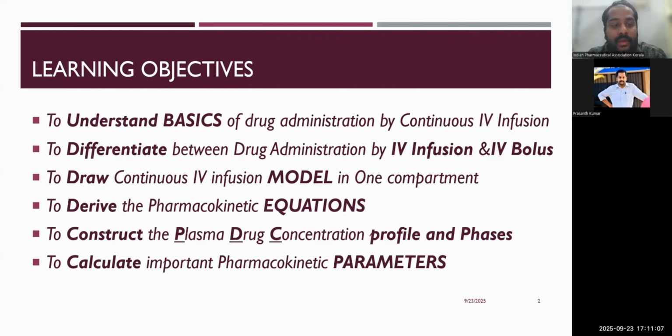Then we'll be able to draw a continuous IV infusion model in one compartment model and derive the various pharmacokinetic equations, to construct the plasma drug concentration profile and its phases, and finally to calculate the important meaningful pharmacokinetic parameters.